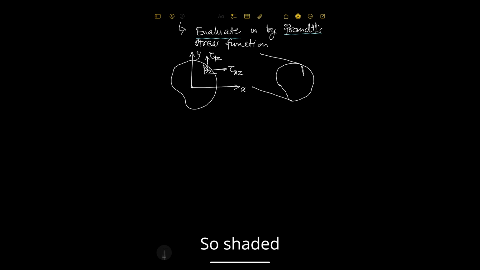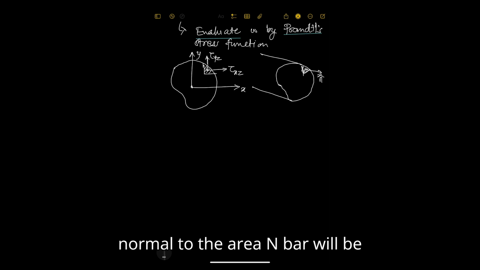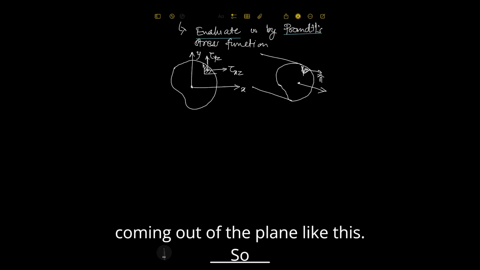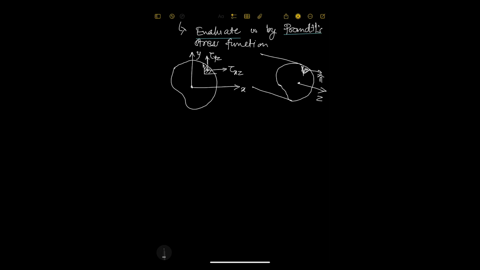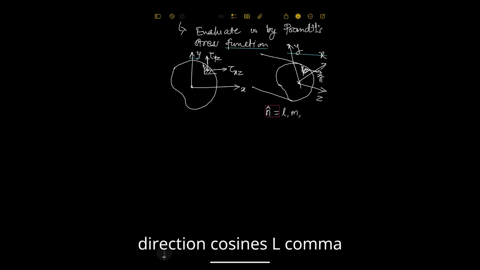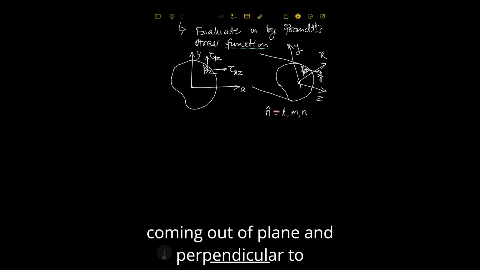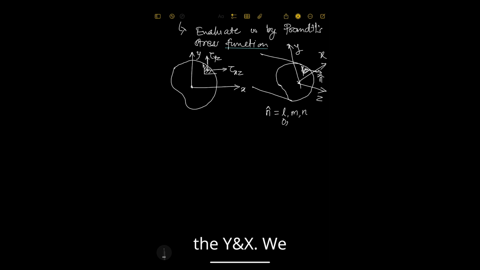The shaded area will be like this on the shaft in 3D, and the normal to the area, n bar, will be coming out of the plane like this. If z is this direction and this is x, this is y, then this n has direction cosines l, m, n, and as this is coming out of plane and perpendicular to the x and y, we can say that this is 0, 0 and 1.